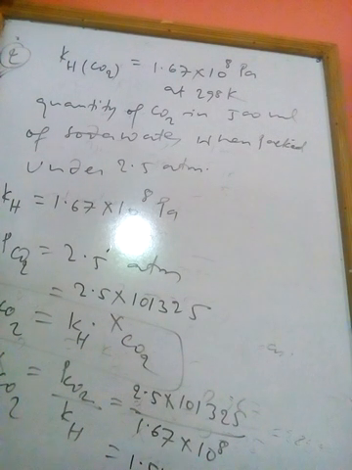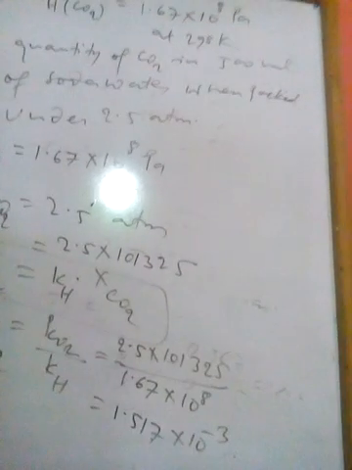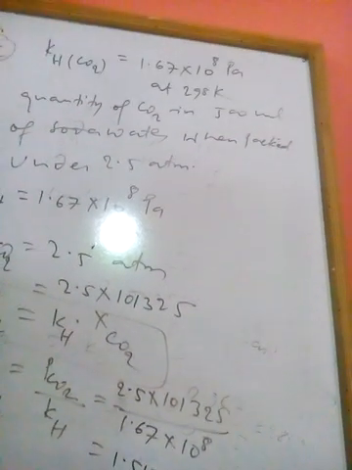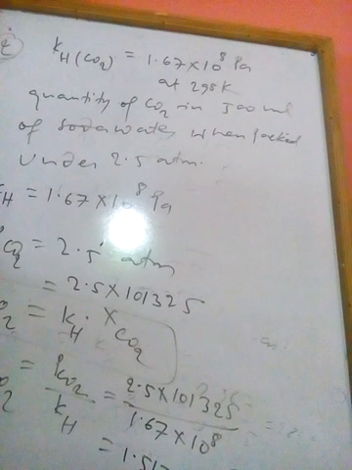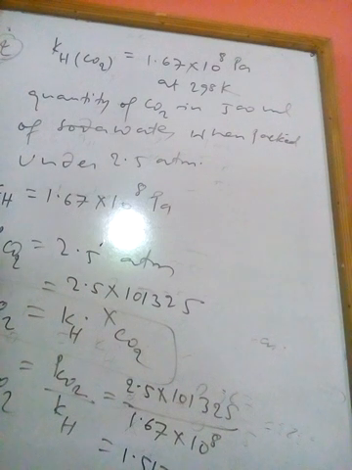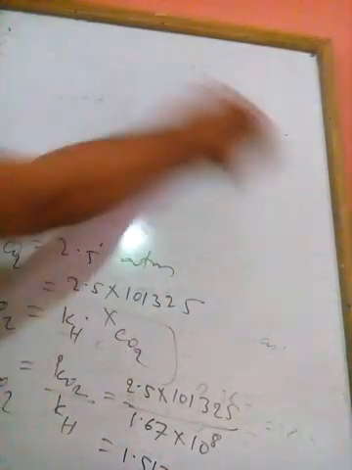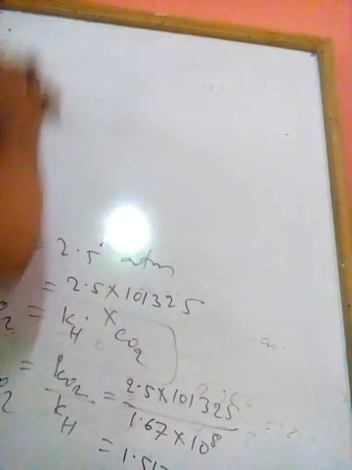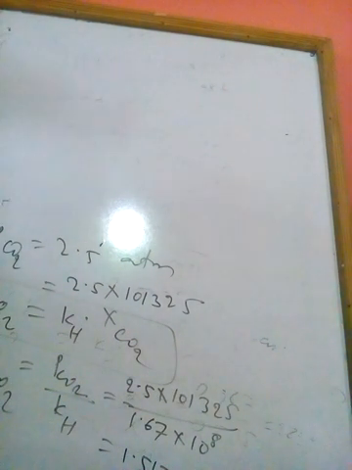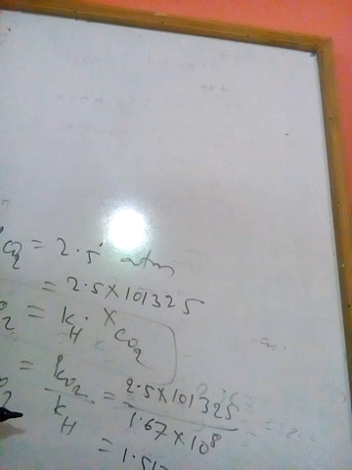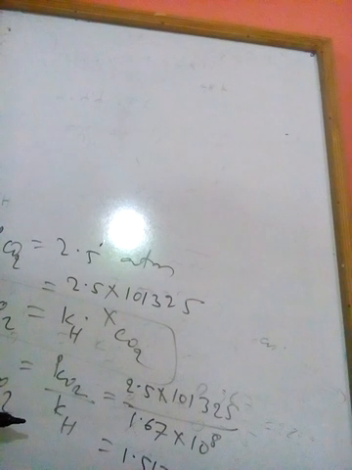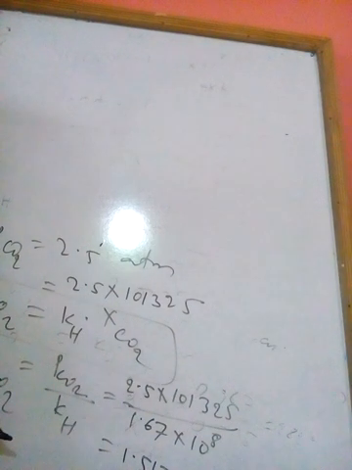So the next, let us see the other part of this question. Now we have calculated the mole fraction of CO2. So now we will calculate the number of moles or mass of CO2.